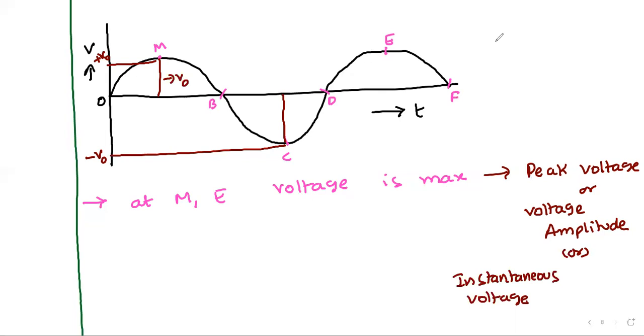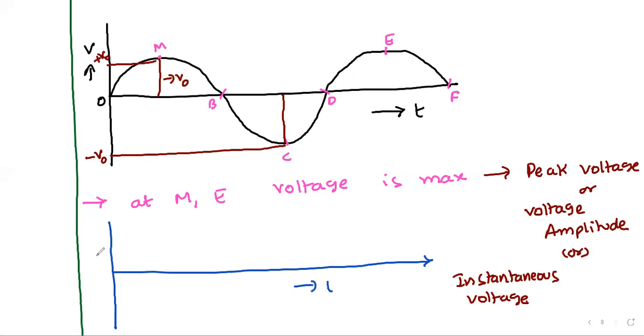Similarly, suppose I'm having a graph between current versus time. Suppose this is the current. Now we are having the graph as a sinusoidal graph, same as before. Here it is M, B, C, D, E, F. At M and E, the current is maximum.